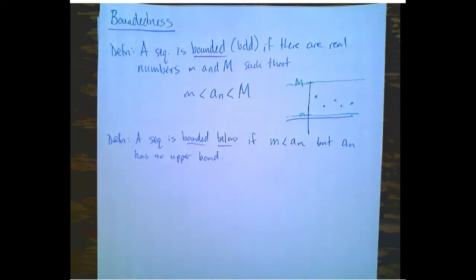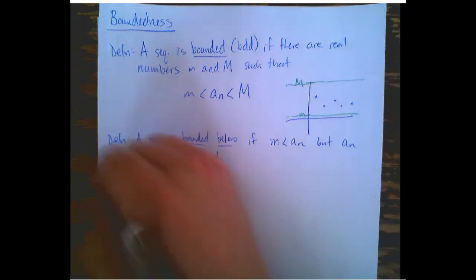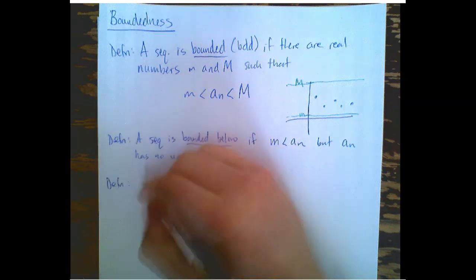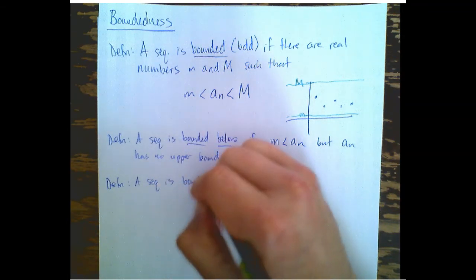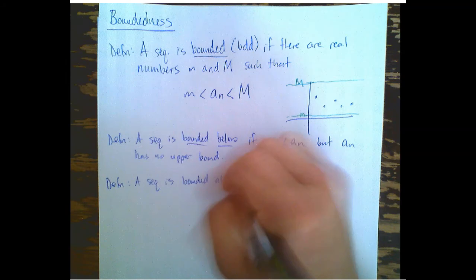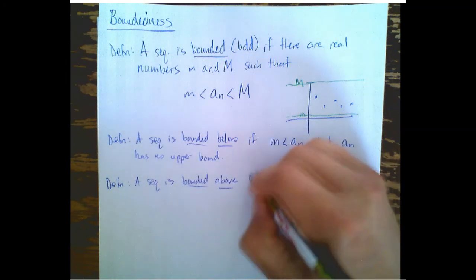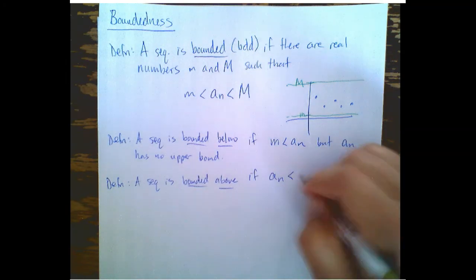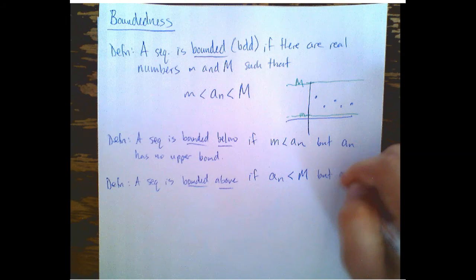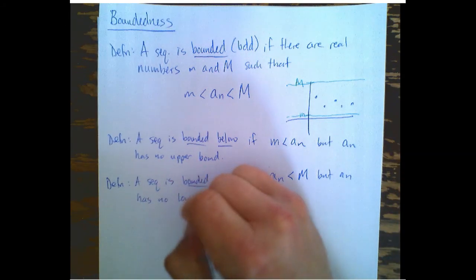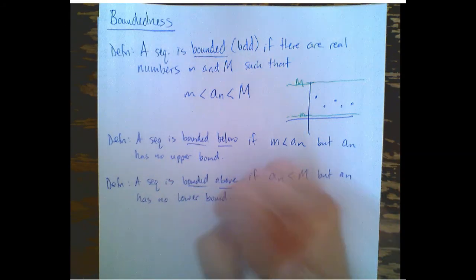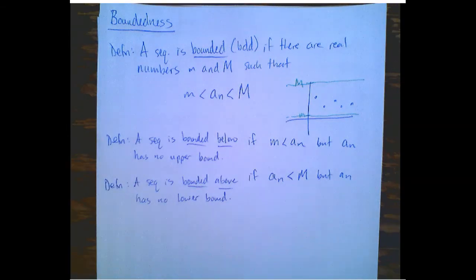And a sequence is bounded above if all the terms are smaller than some number, but a sub n has no lower bound.